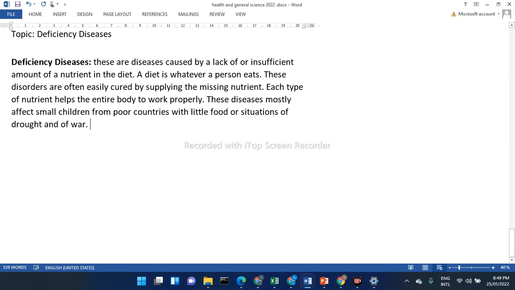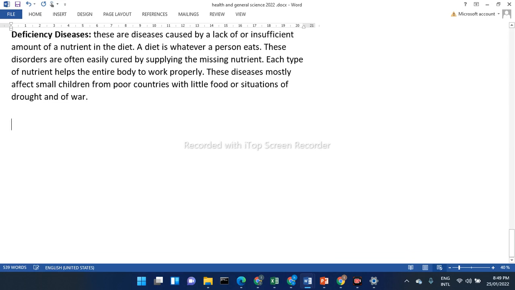So poor countries, little food, or where you have drought. What is drought? Drought is when there's no water. No water. Sounds like Afghanistan, those eastern countries.